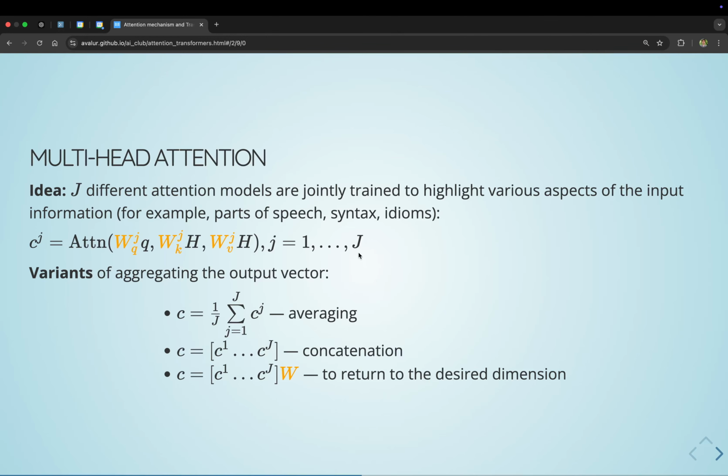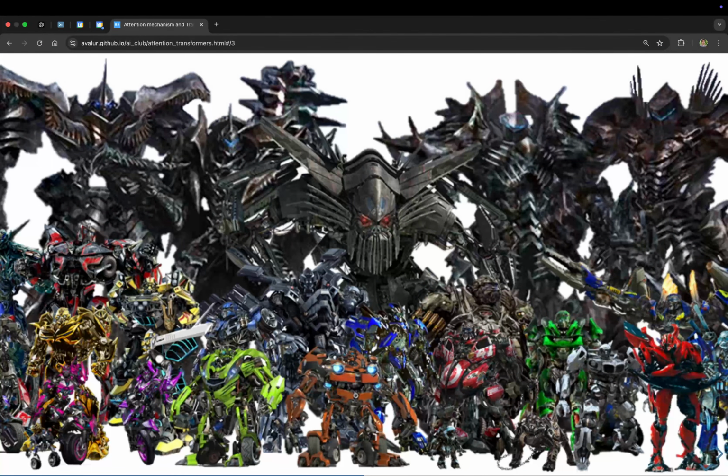So we have j attention heads, and all the results we simply concatenate to get the final context vector C. And sometimes we could even perform another multiplication by a matrix of parameters W, but usually we simply use the second variant of aggregating the output vector C. Okay, so that's it about attention model.